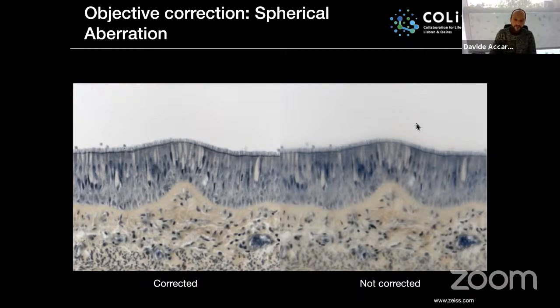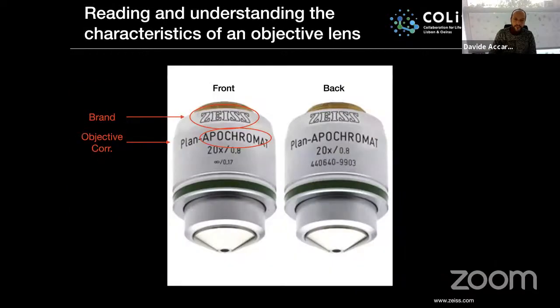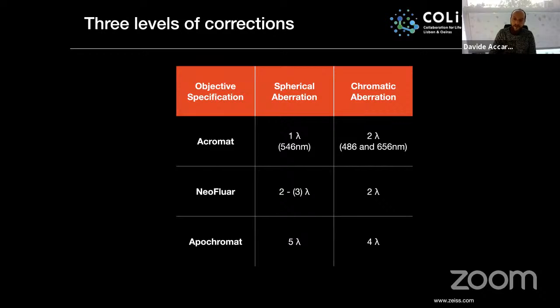So then, we still haven't said what apochromat means. We said what the two main aberrations compensated by objectives are. And now I will tell you that there are 3 different levels of compensation, or let's say corrections.